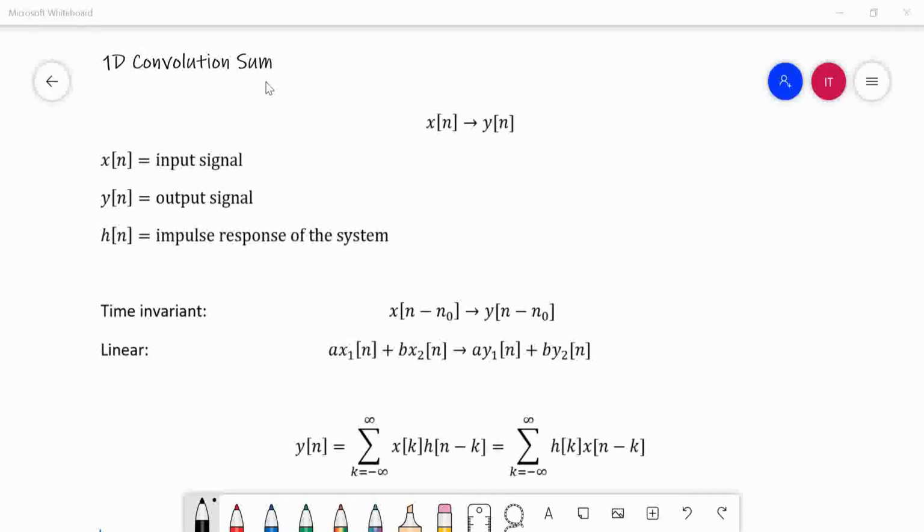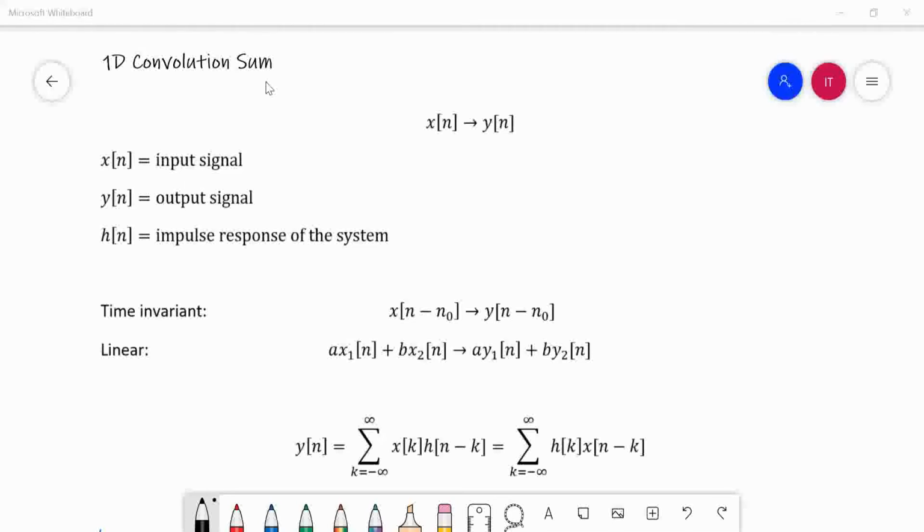Before that, we have to remember that convolution can only be done when the system is time invariant and linear. Time invariant means that if there is a time shift in the input signal, then the output will have a time shift of the same amount.